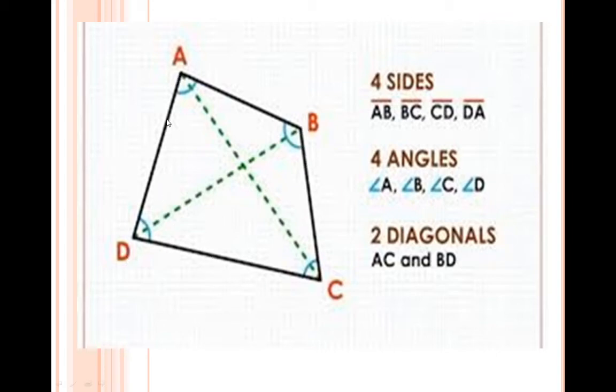Now, which are the 4 sides of this quadrilateral? Look at here. Side AB, side BC, side CD, side DA. And when you write the sides, you have to draw a line segment above the name. 4 angles: angle A, angle B, angle C and angle D. And instead of the word angle, you have to write the symbol of angle.